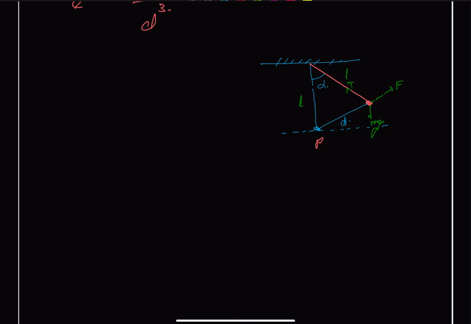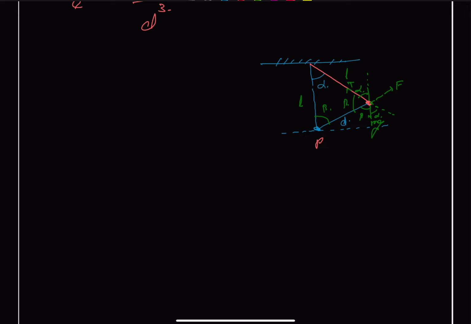And if we assume, suppose this angle will be our alpha, and if we extend it in downward direction, this angle will be also our alpha, and if this angle is our beta, then this angle will be also beta, and this angle will be also our beta.